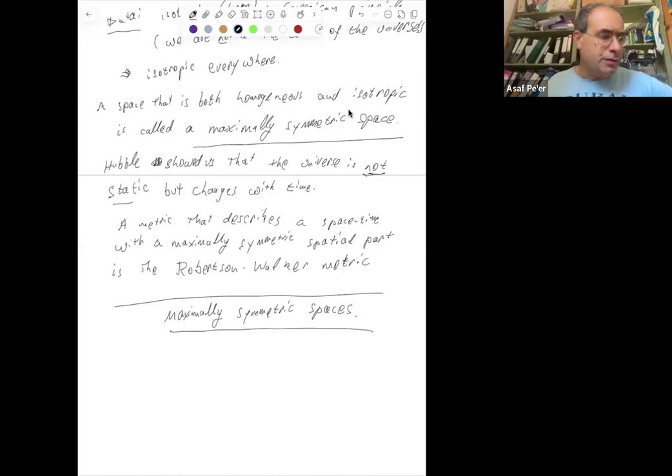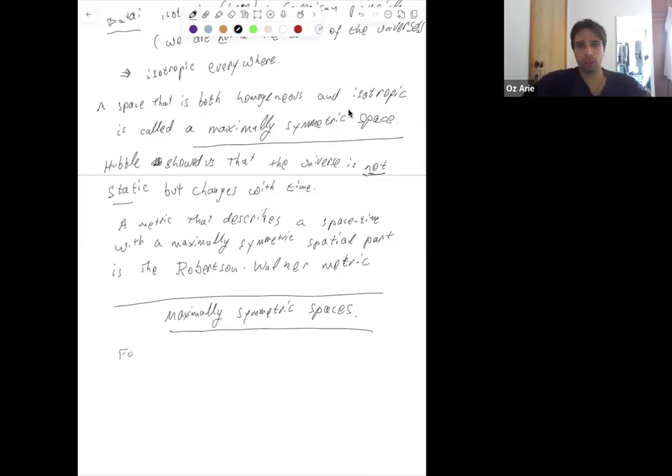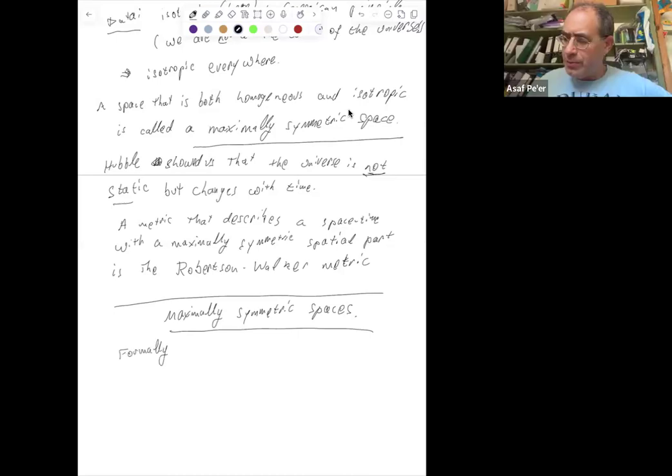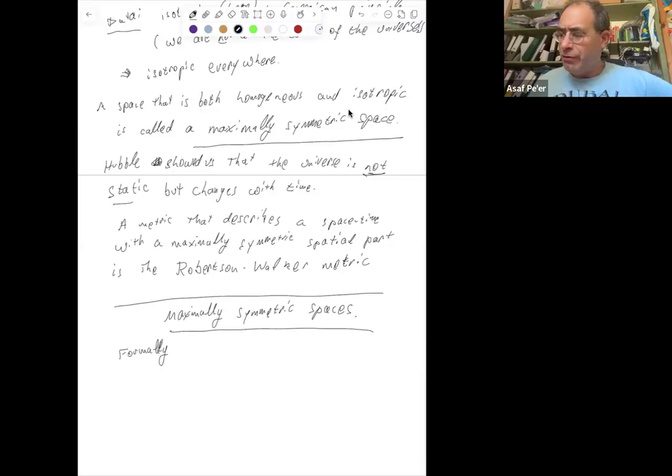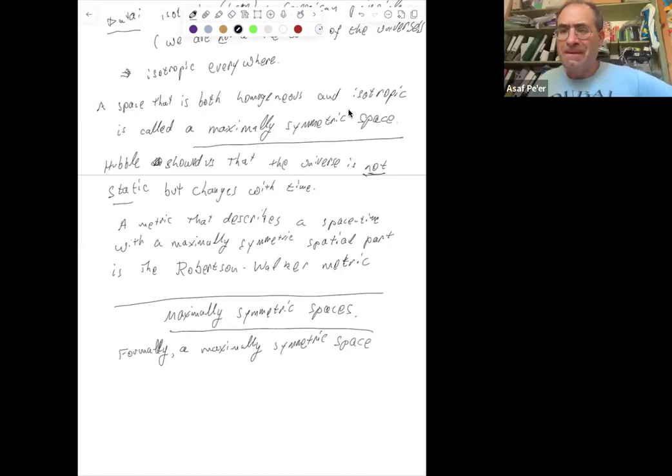I think by now you should know the answer. It is isotropic and homogeneous. Now let's talk in a mathematical way. Formally, a maximally symmetric space has continuous symmetry in each one of its coordinates. Try harder. Is a space of what?